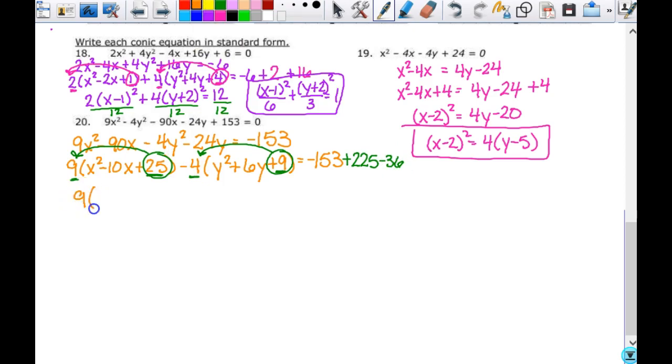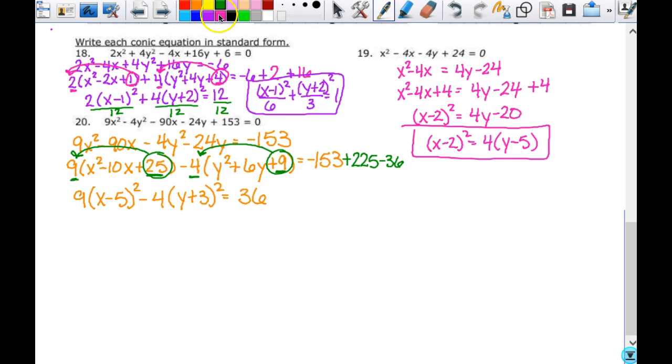Then I get 9 times x minus 5 squared minus 4 times y plus 3 squared equals, okay, and then when I combine all of this together, this is going to give me a positive 36.